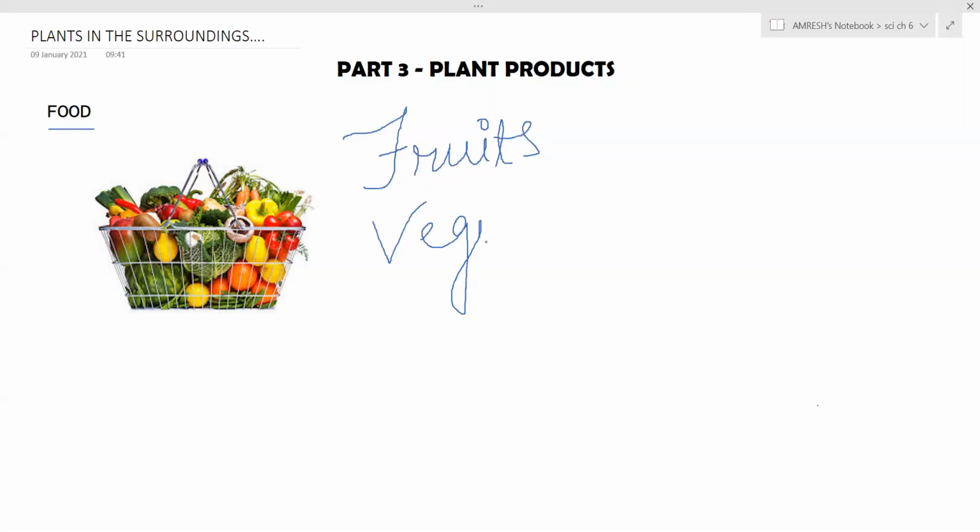In fruits, you can write some 2 3 names: apple, mango, banana, pineapple, like that. Vegetables: cauliflower, bottle gourd, capsicum, tomato, potato, and all. Grains. This grains means rice, wheat, bajra, all these things.